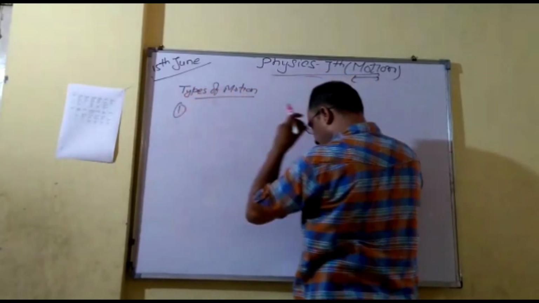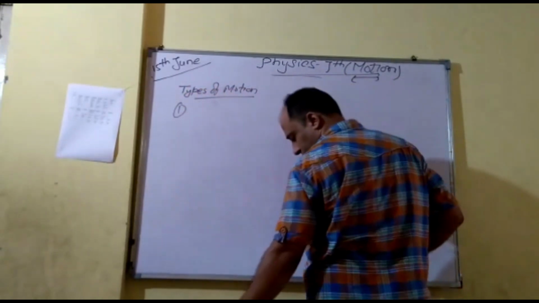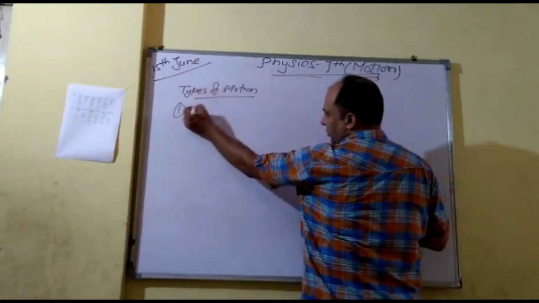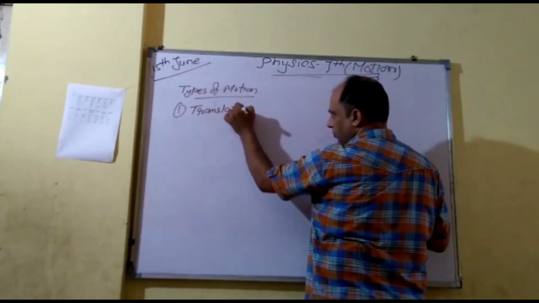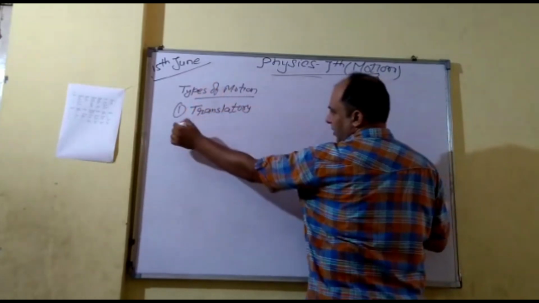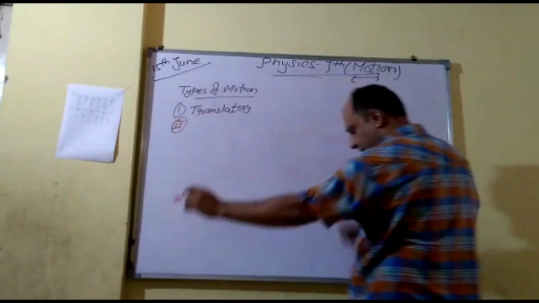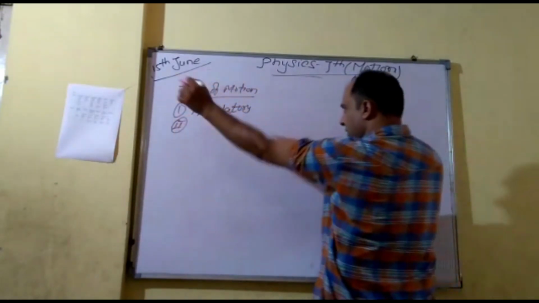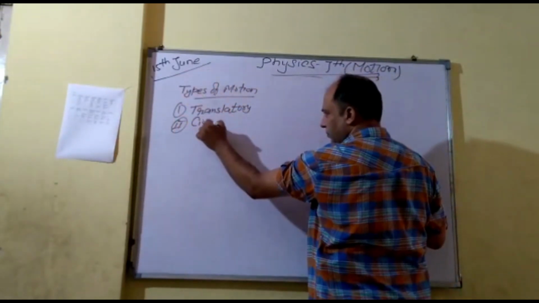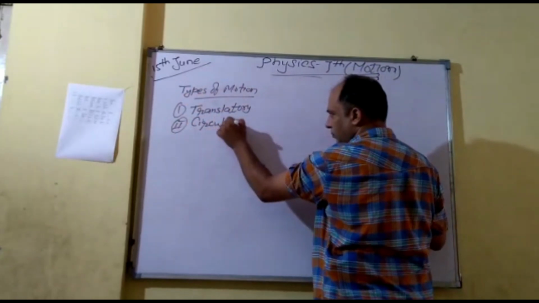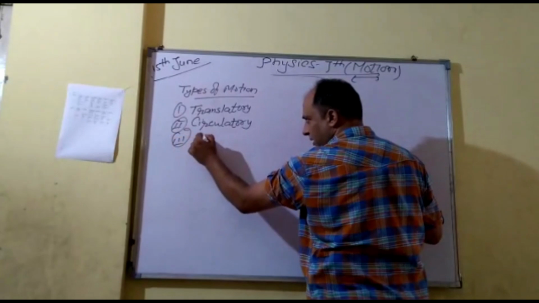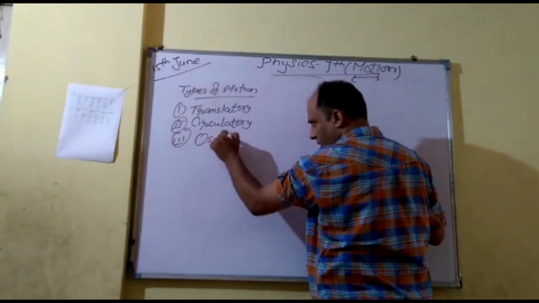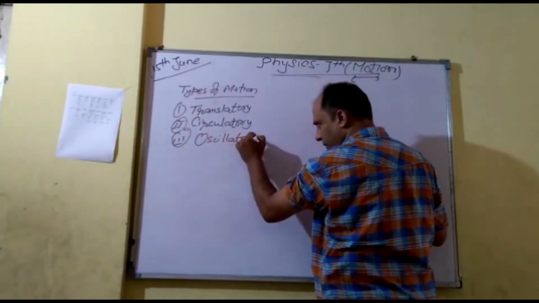One type of motion is translatory motion. The second is circulatory motion. Then the third is oscillatory motion.